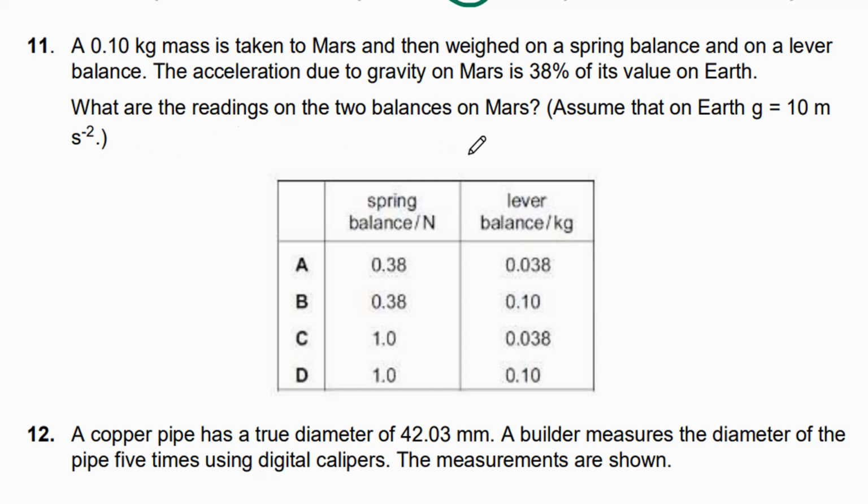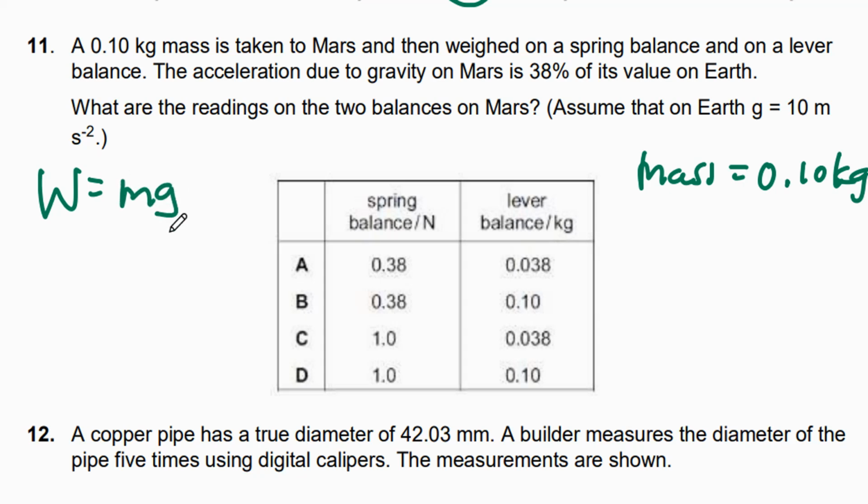Now, we know that your mass will remain the same no matter where you are in the universe. So the mass will still be 0.10 kilograms. Then the weight is given by the formula mg, and this will vary from place to place in the universe.